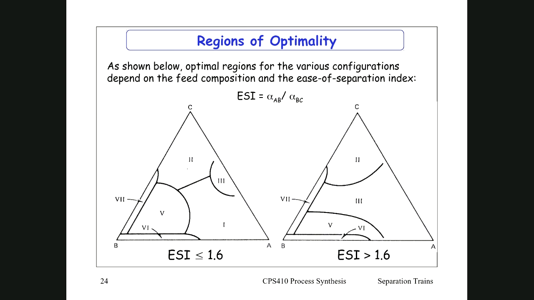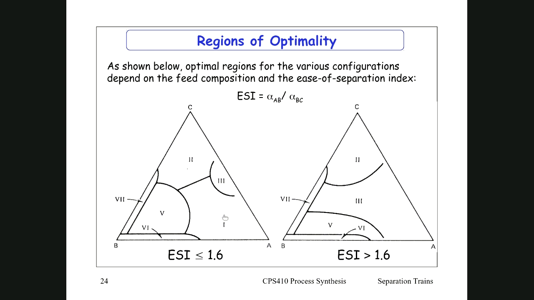It said that if you've got something that contains mainly A, here is a ternary mixture, close to this apex of the ternary diagram, then it would make sense to use type 1. And type 1 was the direct sequence. So it would make sense to take off A first, and then you can separate B and C next.